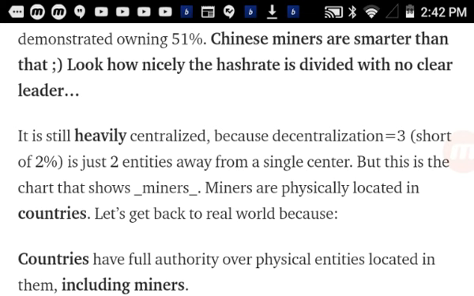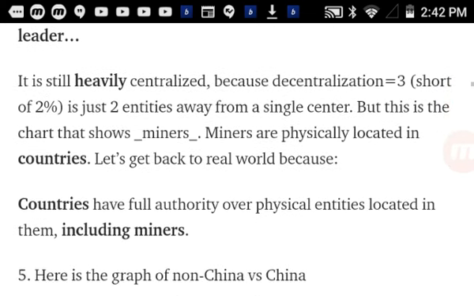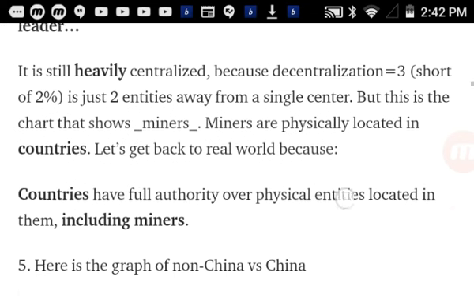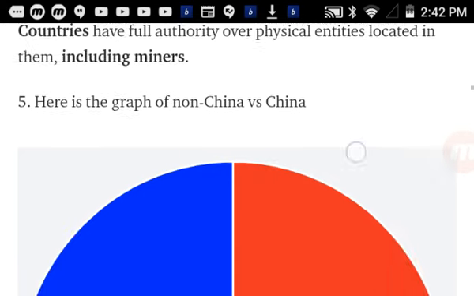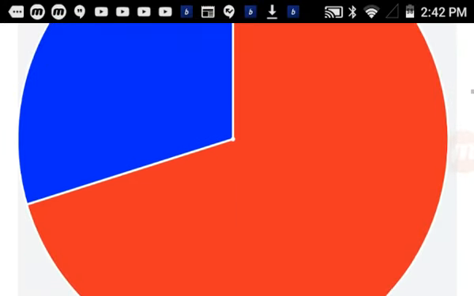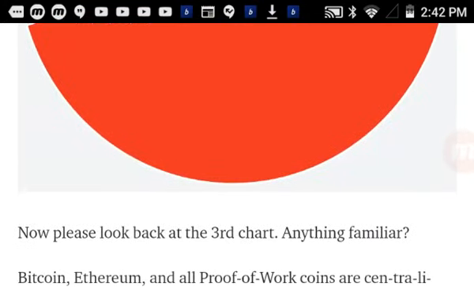But this is the chart that shows miners. Miners are physically located in countries. Let's get back to the real world, because countries have full authority over physical entities located in them, including miners. Here's a graph of non-China versus China. Now, please look back at the third chart. Anything familiar?